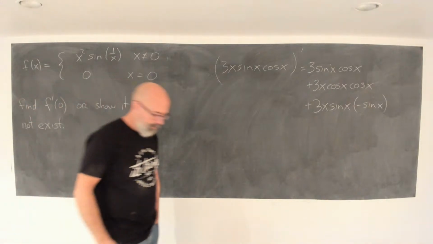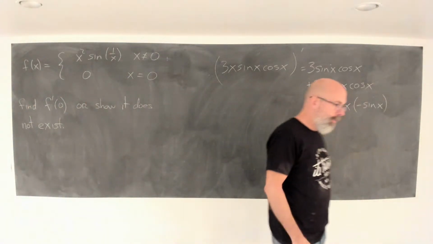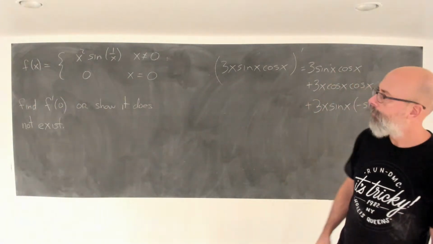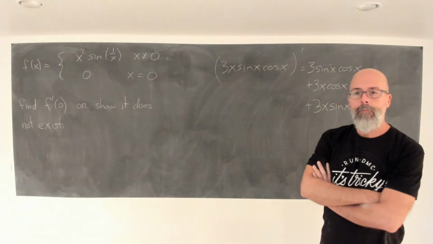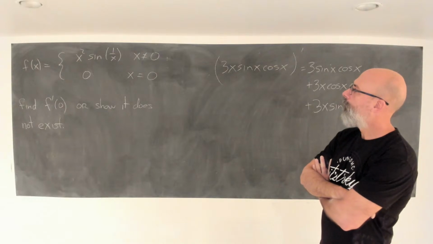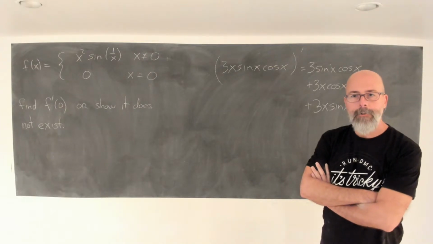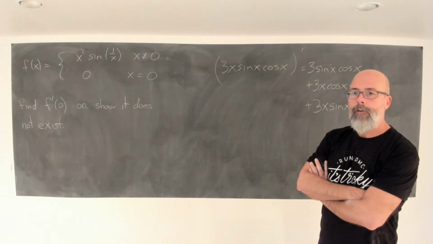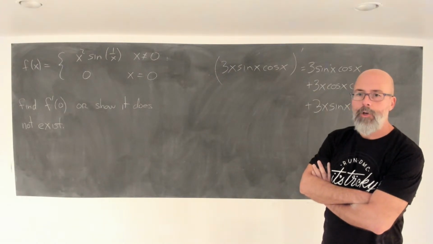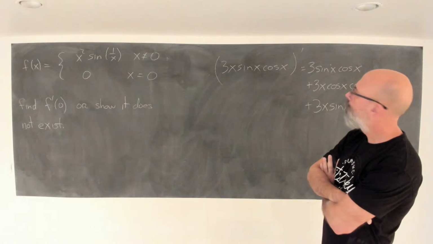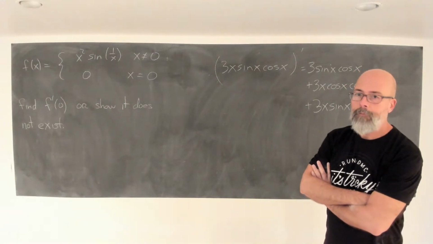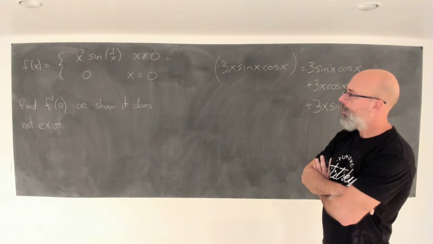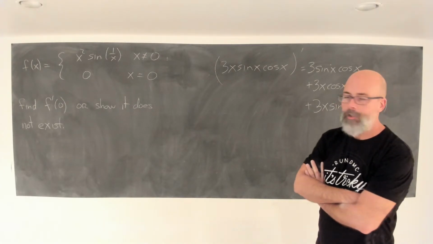This would be an excellent midterm question. Did we do this question in class? Did we discuss this question before? No. Very good. Let's discuss it now. It's a great question. Find f prime of 0 or show it does not exist.